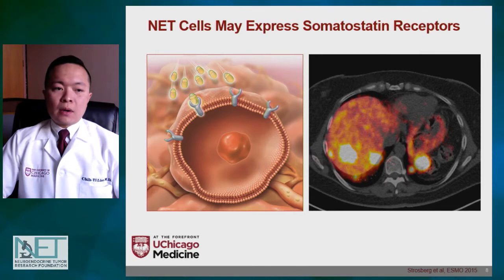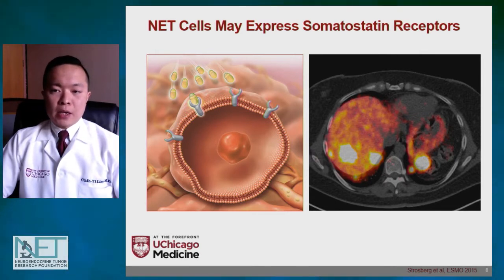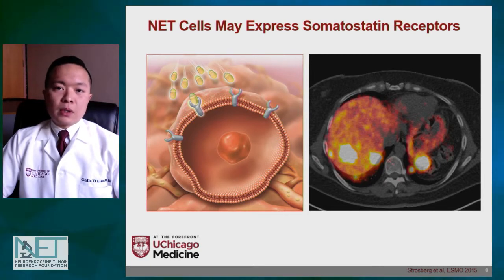These are where the somatostatin hormones, but also some of our drugs, can bind, as we'll talk about later in the treatment section. The other thing to note is that we can determine whether the tumors express somatostatin receptors with our imaging, with a gallium DOTATATE PET scan, for instance, as shown on the right. And this may have important treatment implications, as we'll get to later.